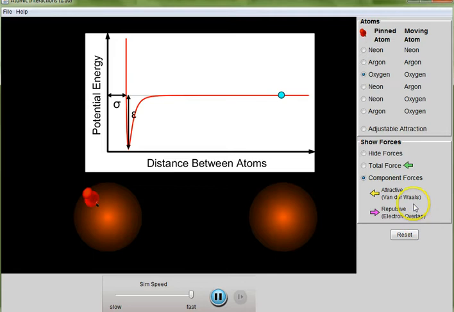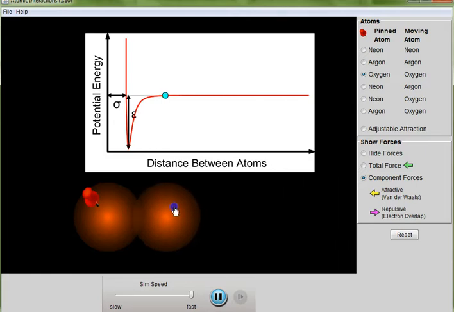And what are the attractive forces? Attractive forces are basically the nucleus of this atom getting attracted towards, so let's start right here. At this position the nucleus, you can play and pause the animations here.